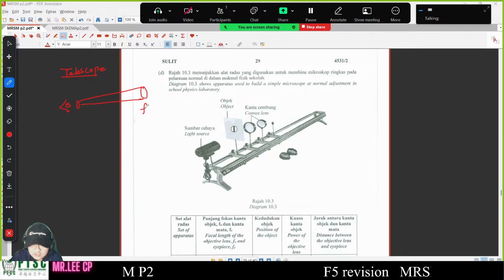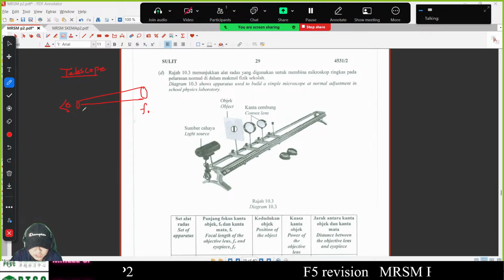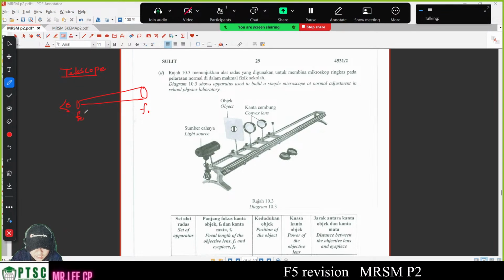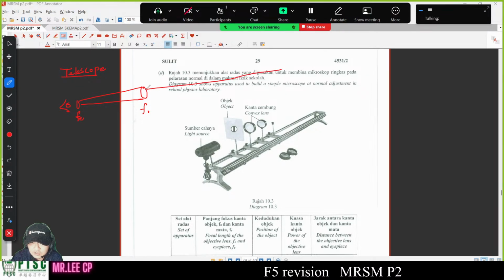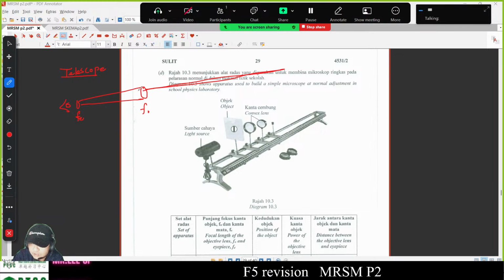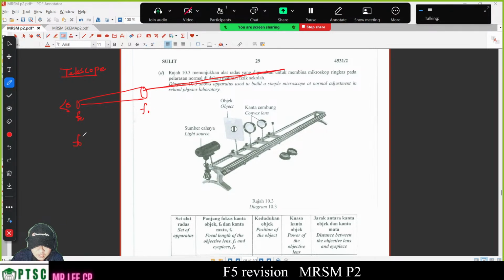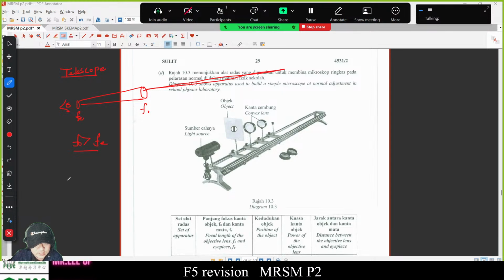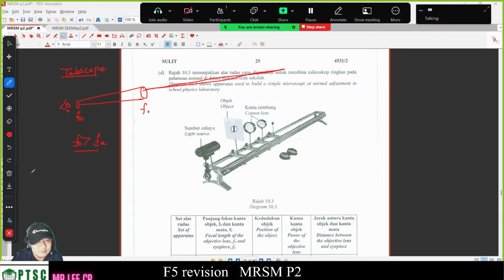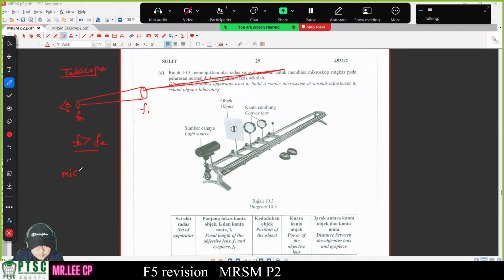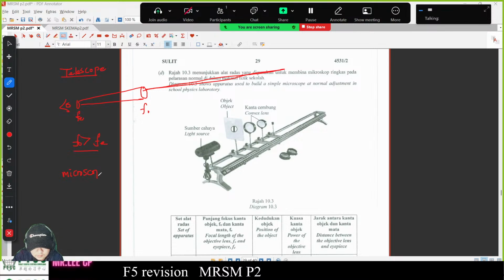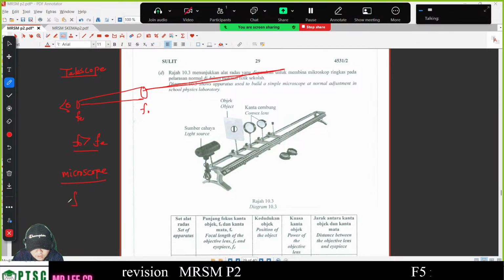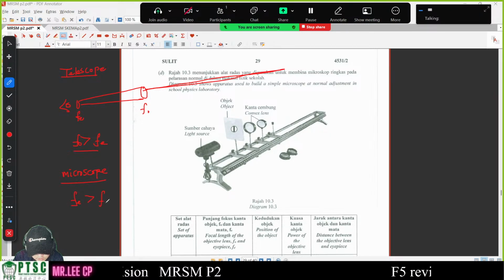This is FO, the objective lens. This is the eyepiece, FE. Because it needs to go very far, FO is more than FE. When you have this one already, the microscope is the reverse. So FE is more than FO.